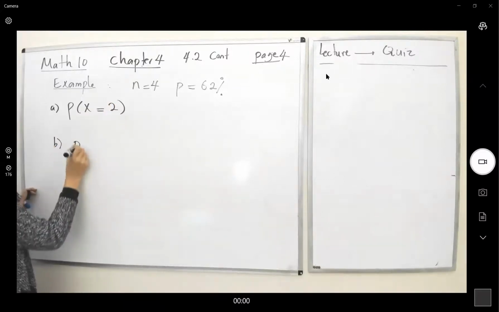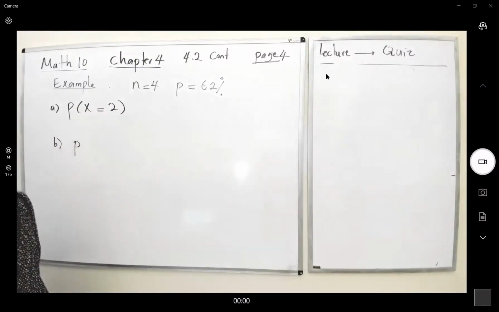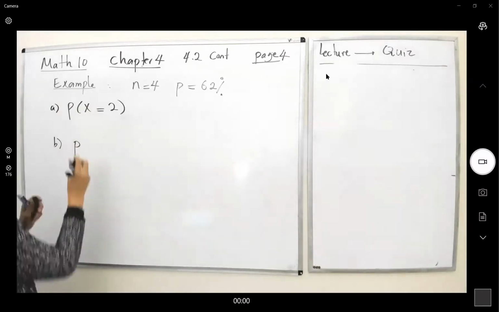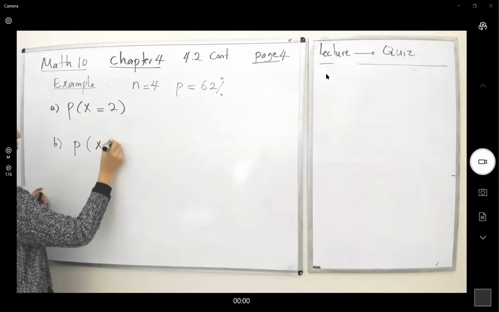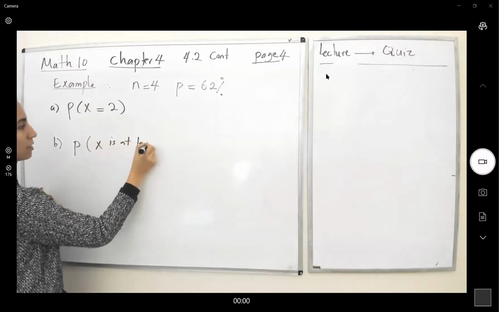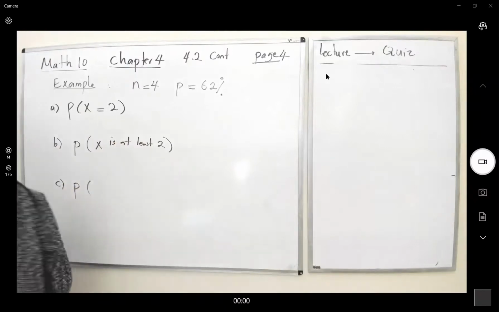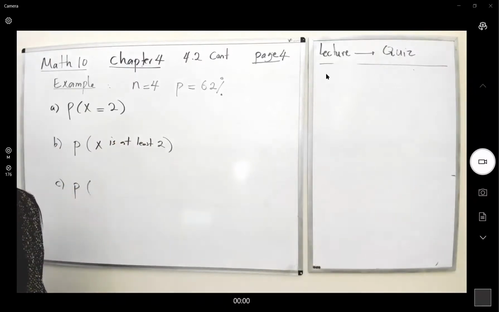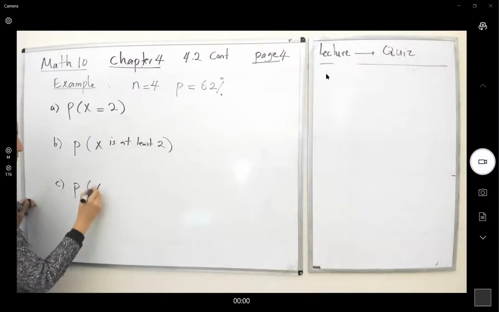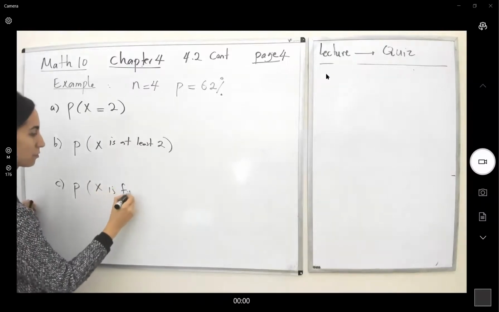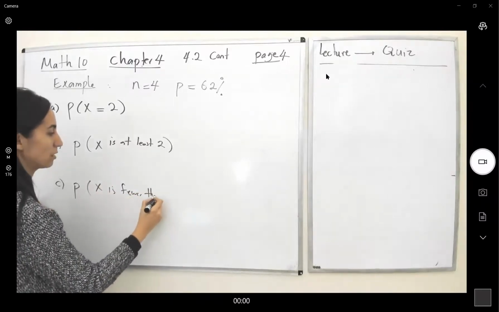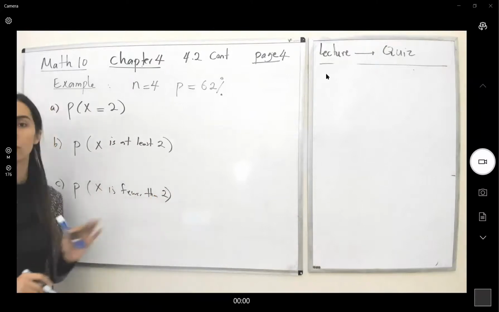B, the probability that x is at least 2. C, the probability that x is fewer than 2.